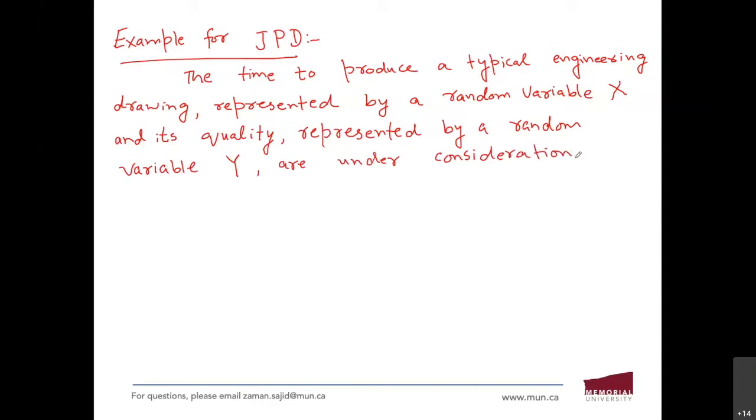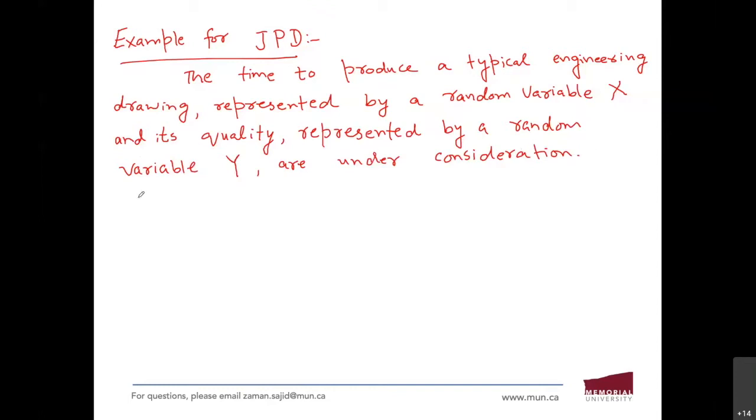For those of you who are joining us now, we are doing an example for joint probability distribution. It says that the time to produce a typical engineering drawing, represented by a random variable X, and its quality, represented by a random variable Y, are under consideration.